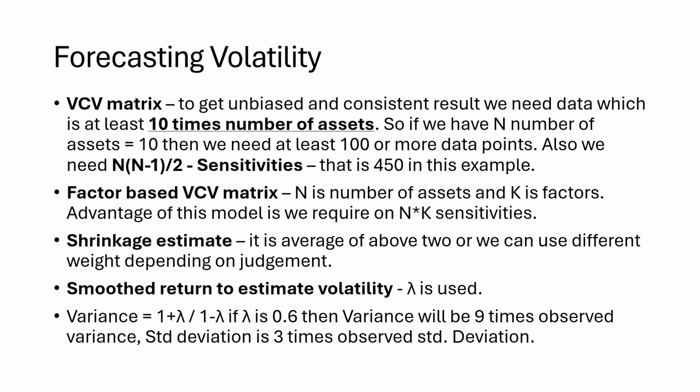We can say that if the factor is 0.6, then we have 1 plus 0.6 and 1 minus 0.6, that is 1.6 divided by 0.4. This is the factor, this is the variance. So the actual variance is, say for example, 17%, then the variance will be 9 times the observed variance.